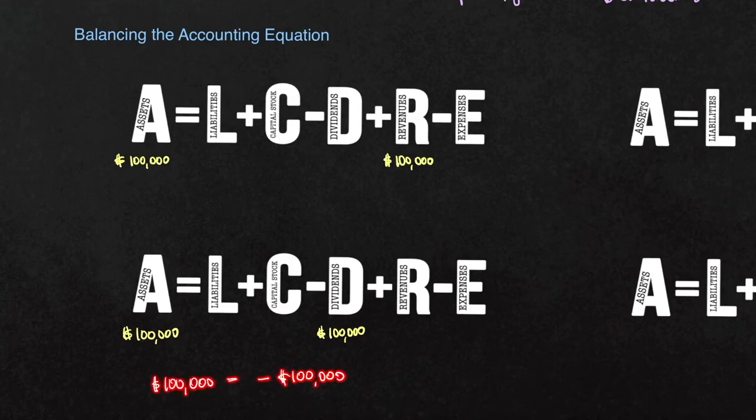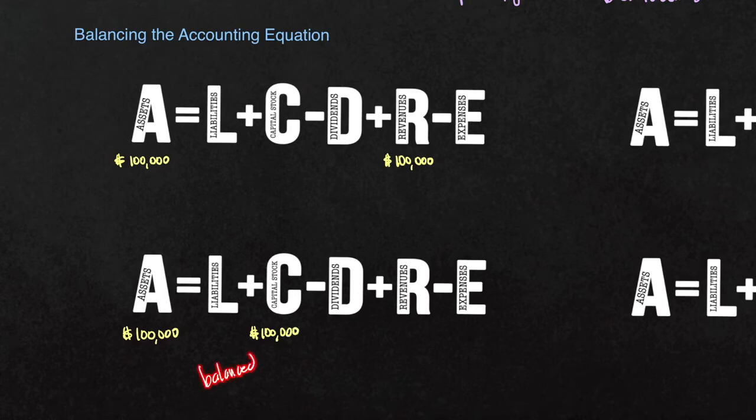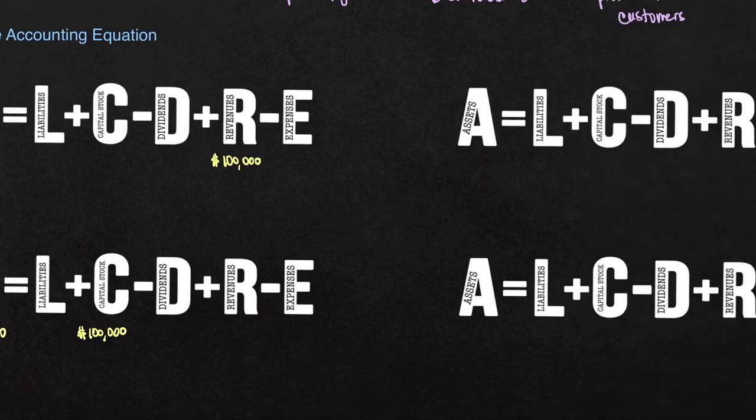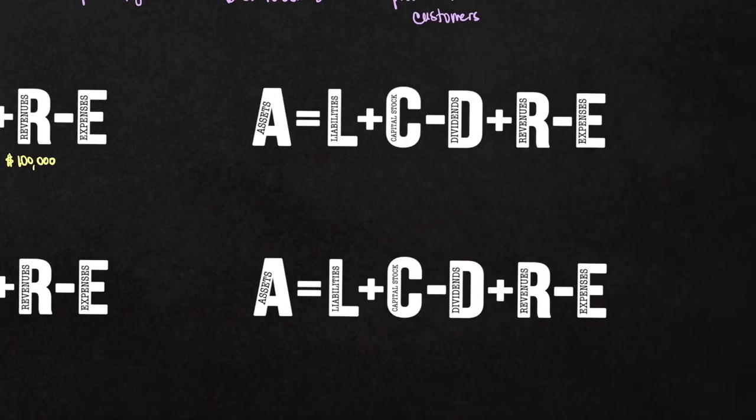Because if you look at the accounting equation, there is a minus sign in front of the dividends or drawing. So that minus sign will make that 100,000 automatically a negative number. And that's why our accounting equation did not balance. Now let's say that the 100,000 is at capital stock or capital. Well, it's a positive on the left side and a positive on the right side of 100,000 each. So now your accounting equation is balanced.